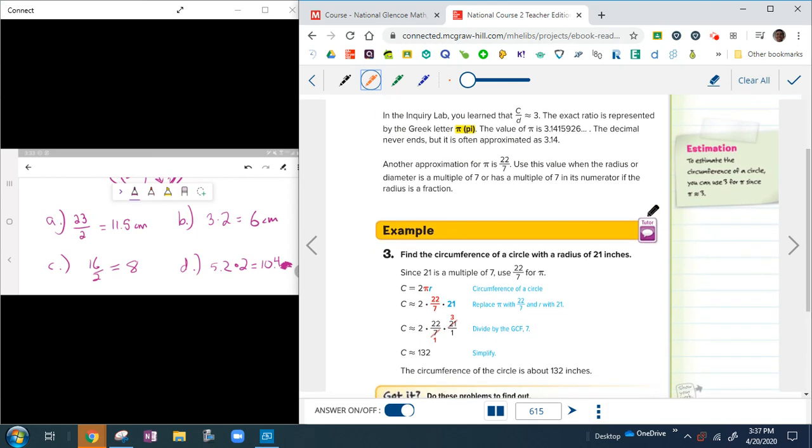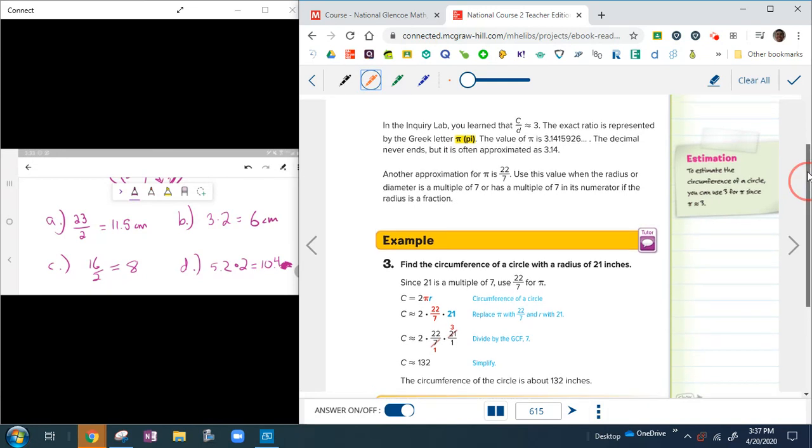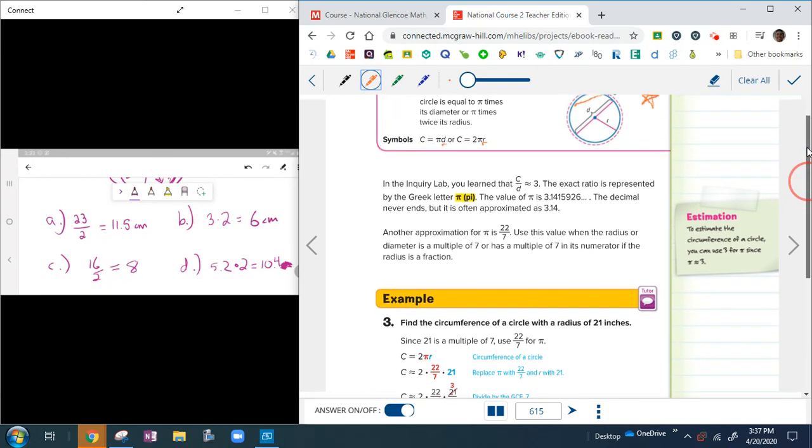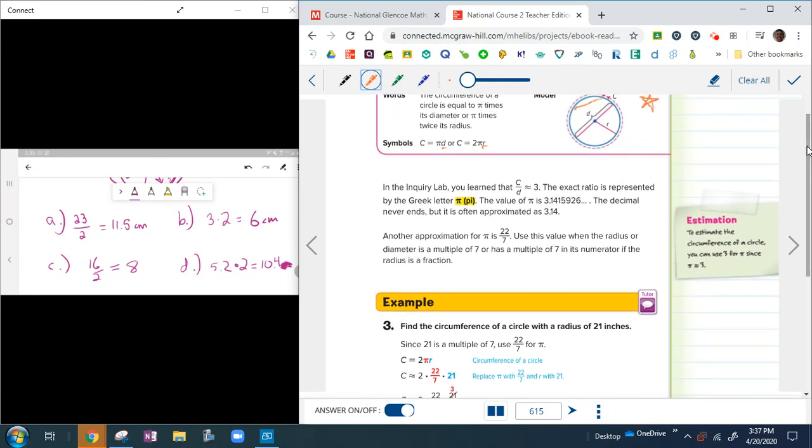Now, one little thing to be aware of is that it depends on the way you approximate pi. Remember, pi's digits go on forever and don't repeat. So most of the time when we're using pi, we're approximating or rounding it, or using a special value like 22/7 that equals about pi, very close to pi, but not exactly.